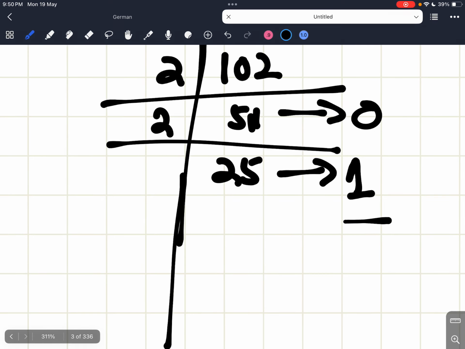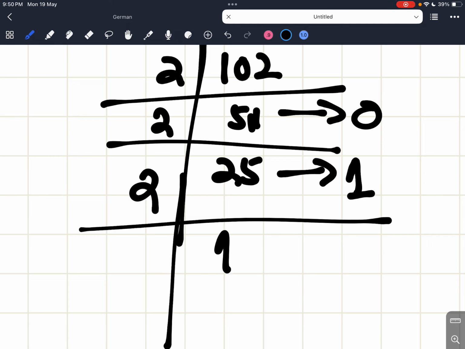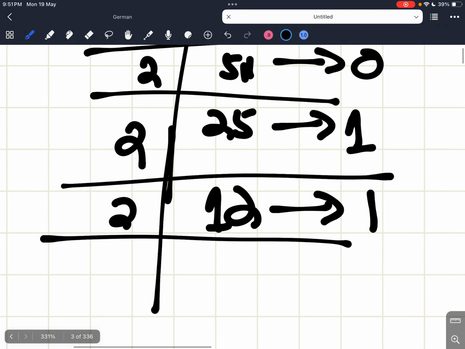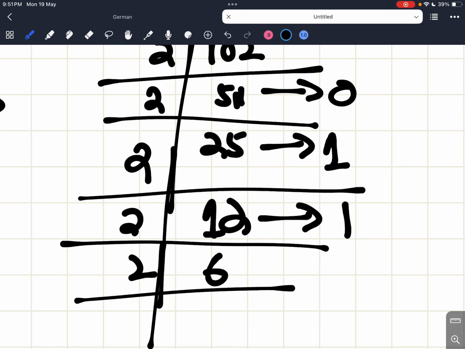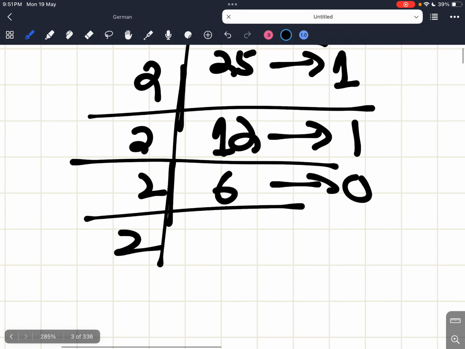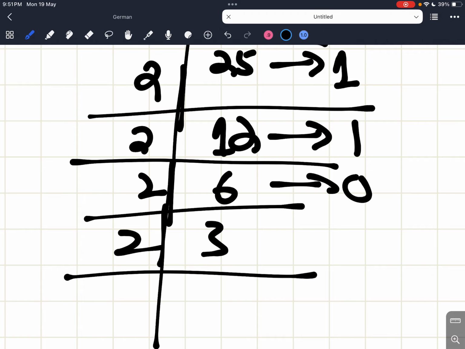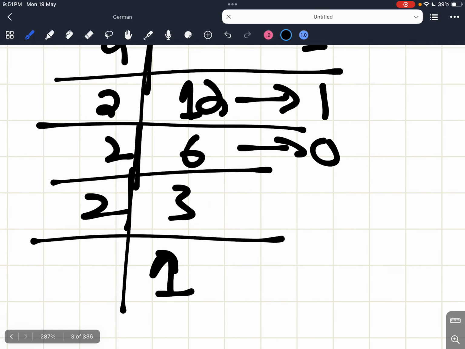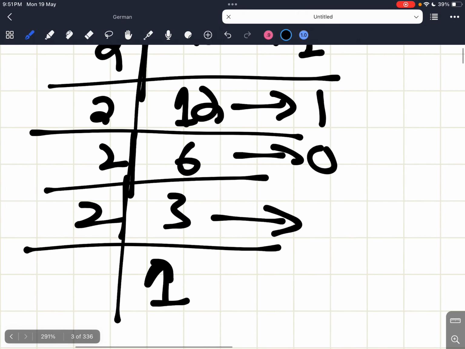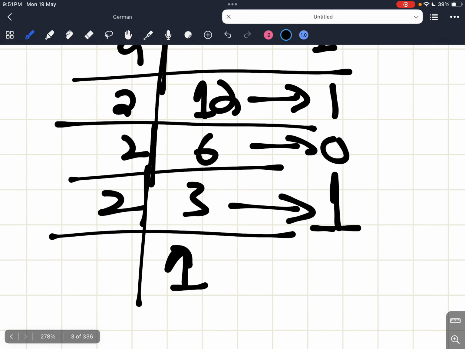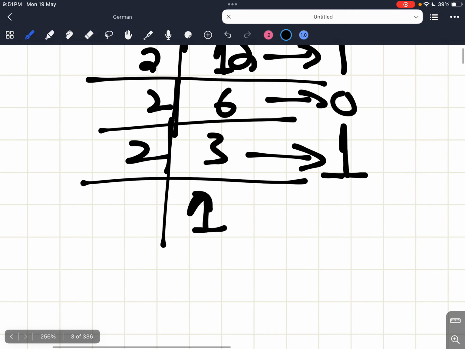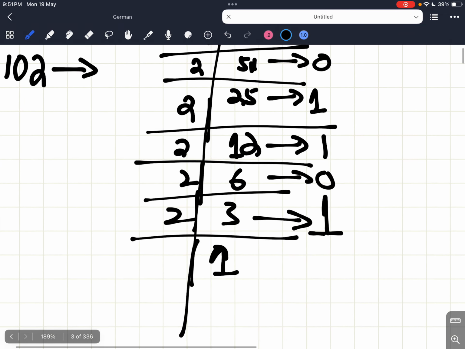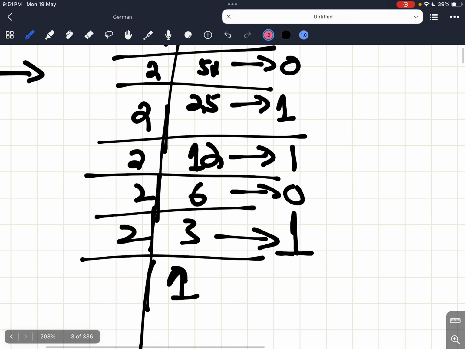We need to keep writing the remainders. Then 25 divided by 2 is 12 with remainder 1. Then 12 divided by 2 is 6 with remainder 0, 6 divided by 2 is 3 with remainder 0, and 3 divided by 2 is 1 with remainder 1. So here we go. How will we write these remainders?